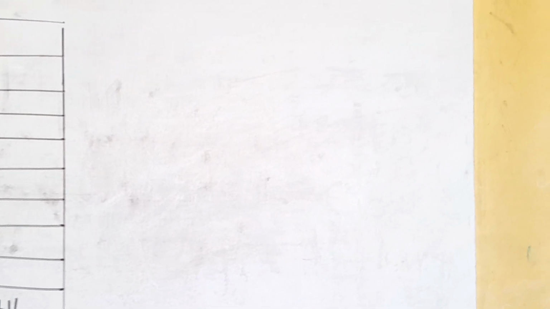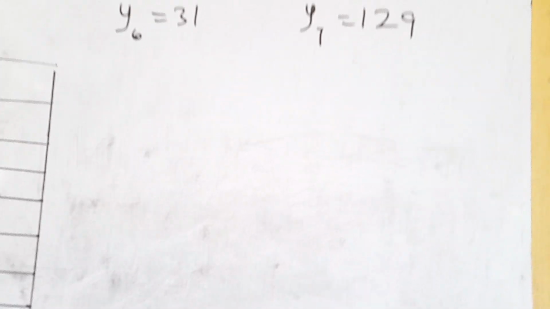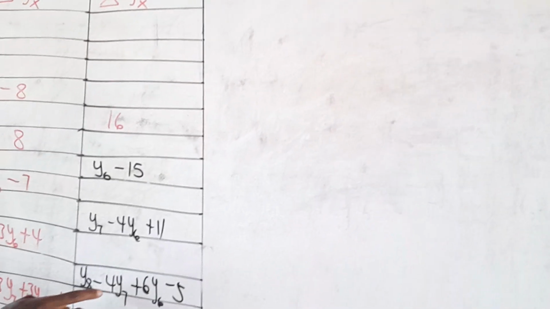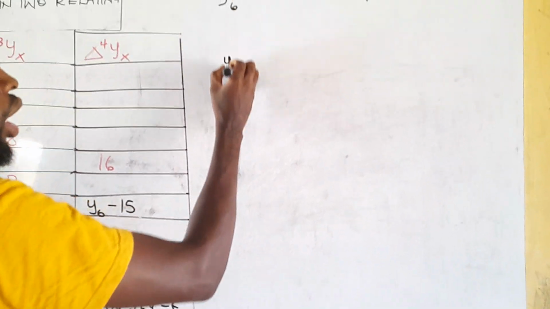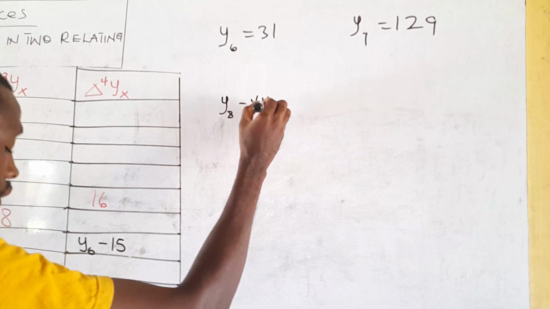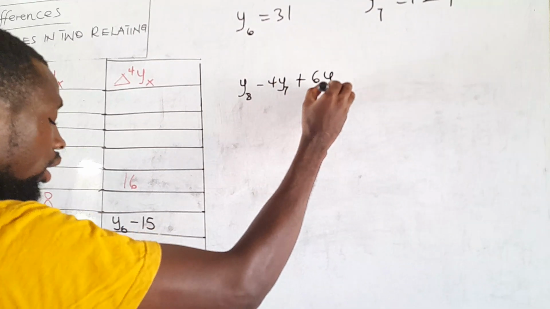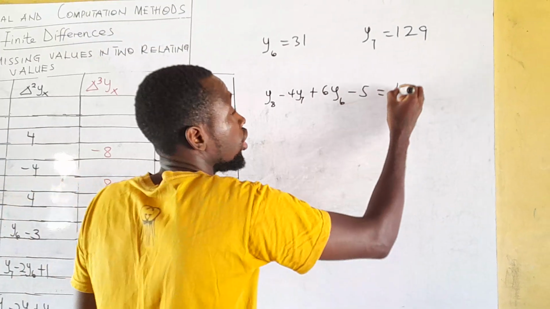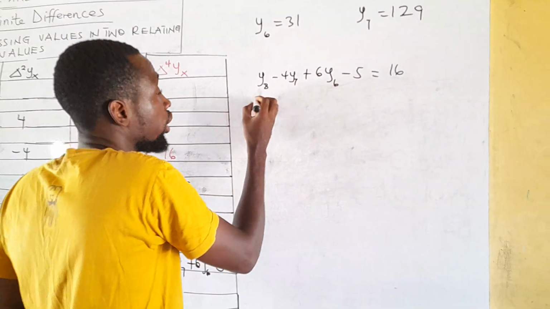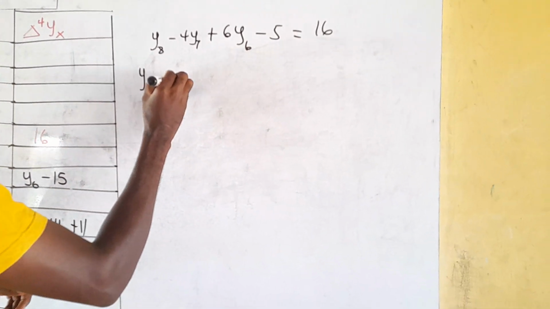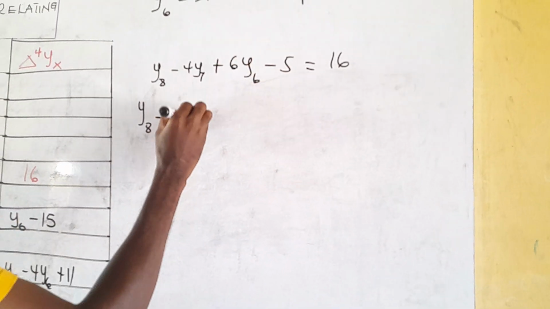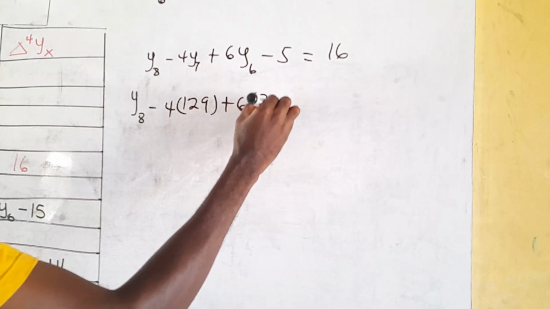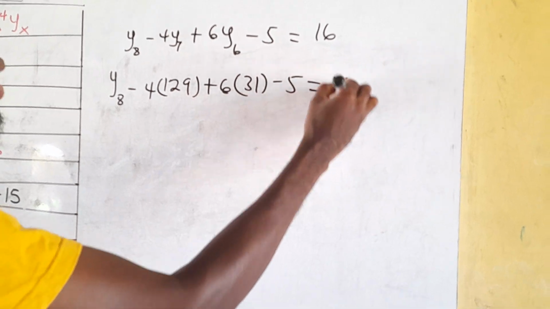So having gotten the values of y6, y7, we can also say that this value y8 minus 4y7 plus 6y6 minus 5 will also be equal to 16. I hope you get that. So we substitute. So we have y8 minus 4 times y7, which is 129, then plus 6, y6 is 31, then minus 5 should be equal to 16.